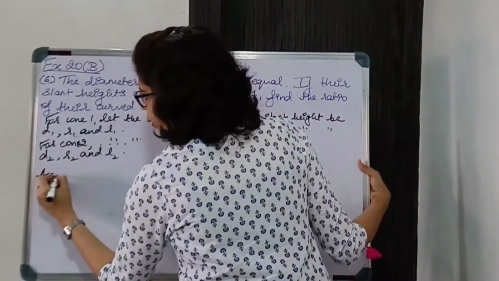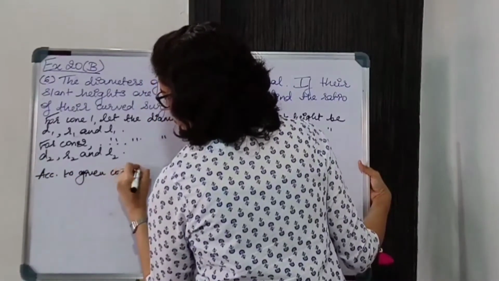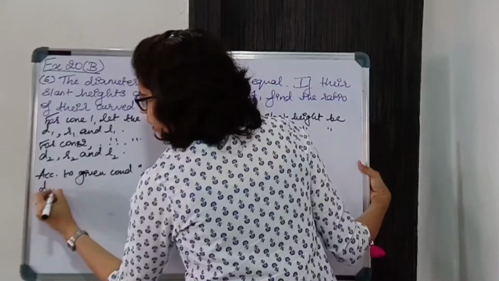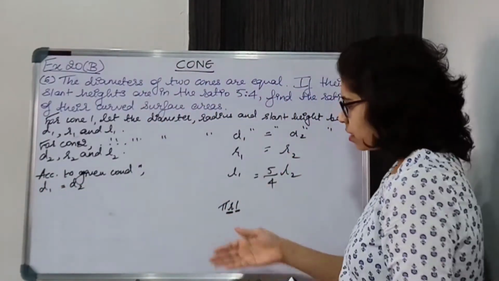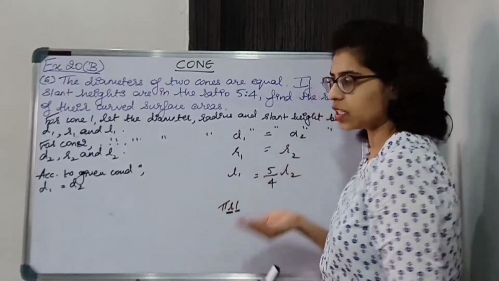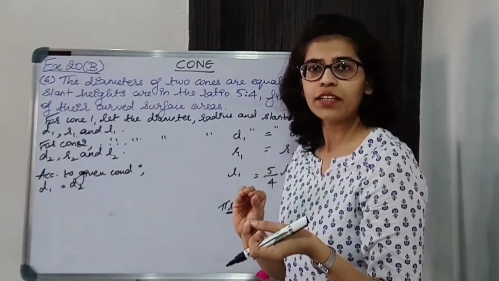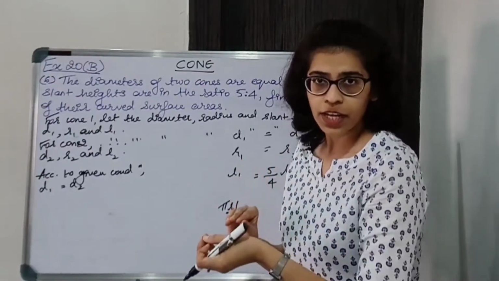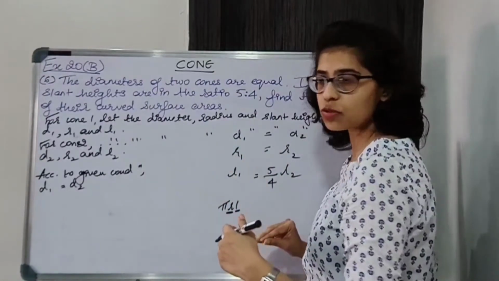So according to the given condition, what is given? D1 is equal to D2. We don't want D because for curved surface area we need R. So D1 is equal to D2, but what is the relation between diameter and radius? Radius is half of diameter. So if diameter is equal, half of diameter is also equal.